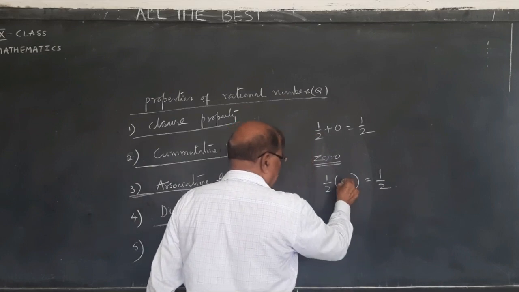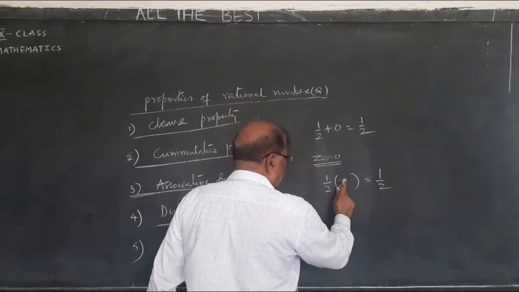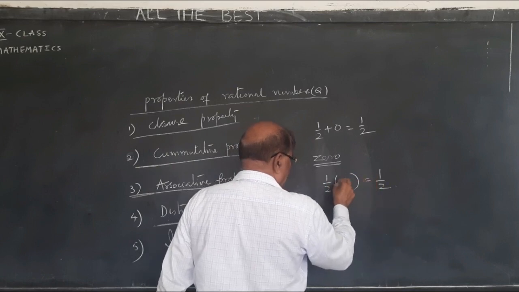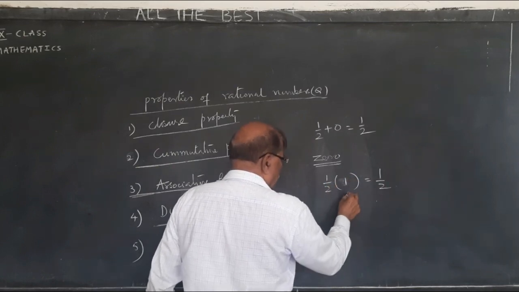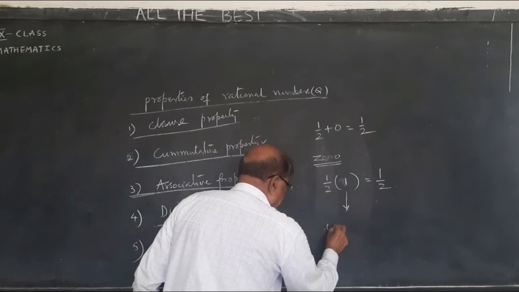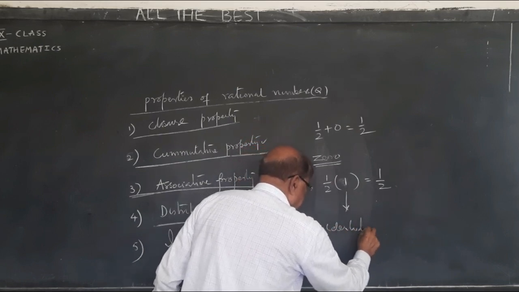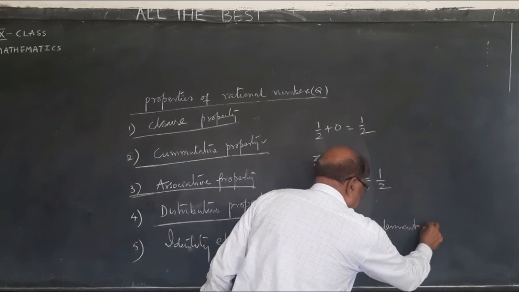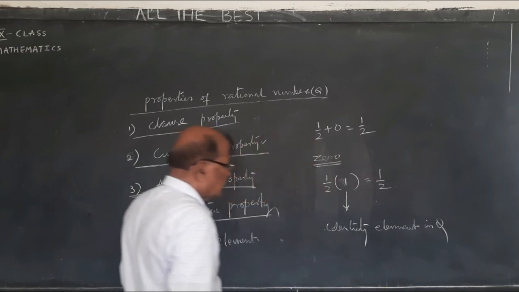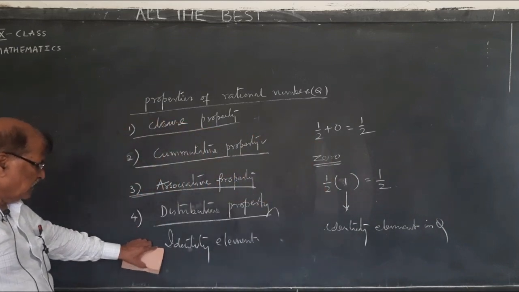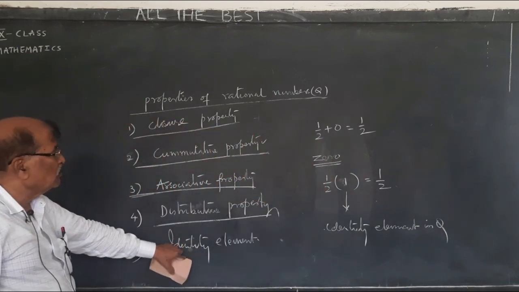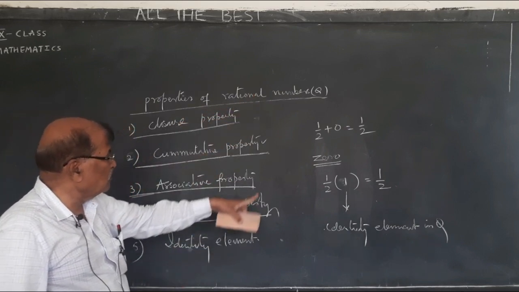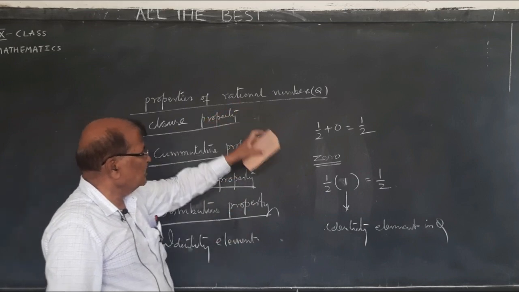If you put 0, this becomes 0. If you put 1/2 into 1, it is equal to 1/2 only. So 1 is the identity element in Q, the set of rational numbers. Identity element in addition is 0, and in multiplication it is 1.